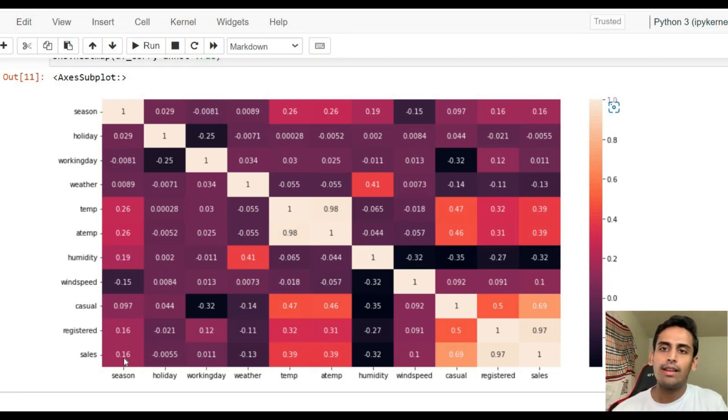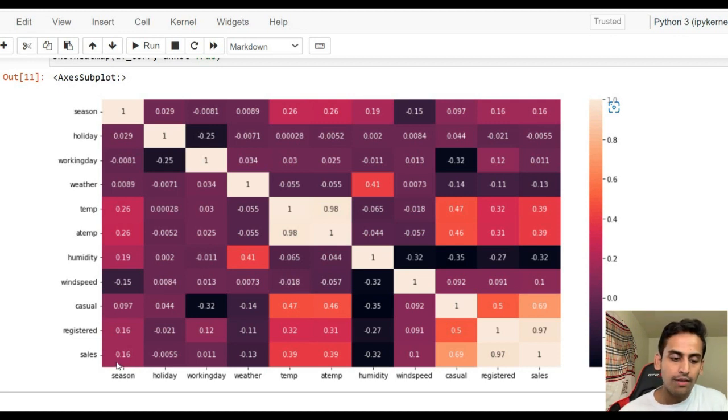What it's showing is that when there is a positive relationship, the value should lie between 0 and 1. And if there is a negative relationship, then the value will lie between 0 and -1. As we go closer towards 1 or -1, it shows that the relationship is getting stronger and stronger.